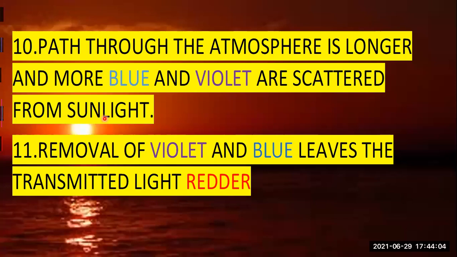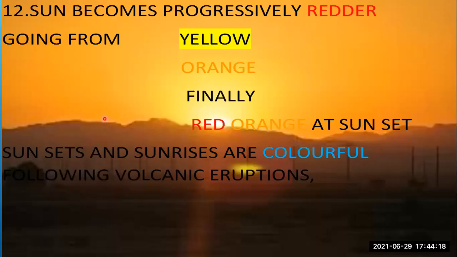The path through the atmosphere is longer and more blue and violet are scattered from the sunlight. The removal of violet and blue leaves the transmitted light redder. So here is the sequence: the sun becomes progressively redder, from yellow at noon time, to orange, and finally red-orange at sunset.